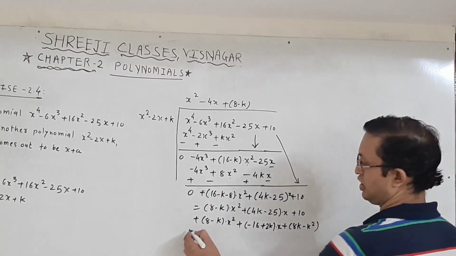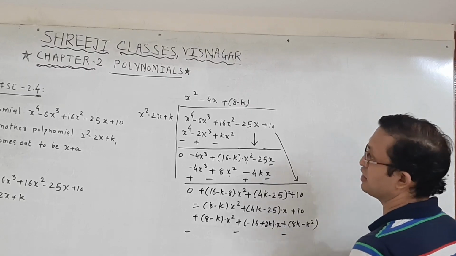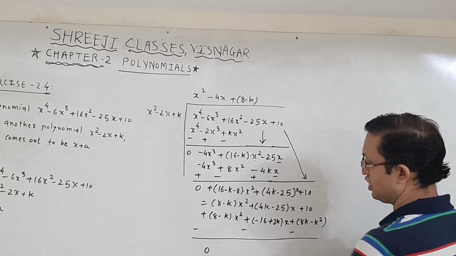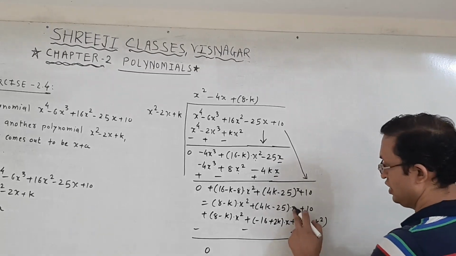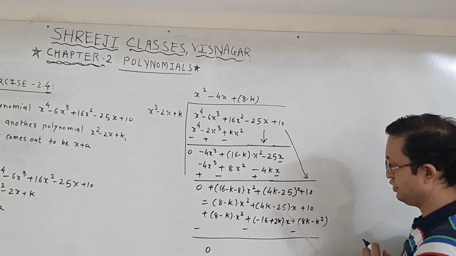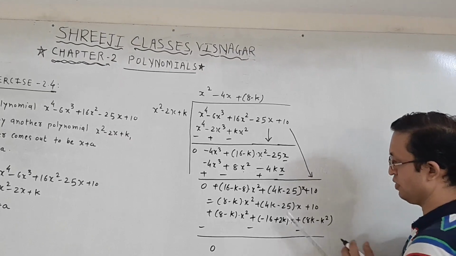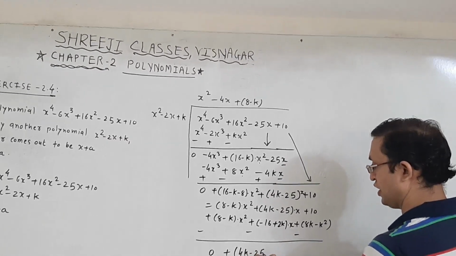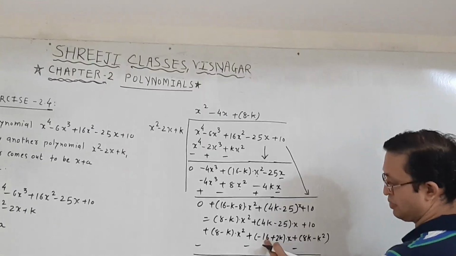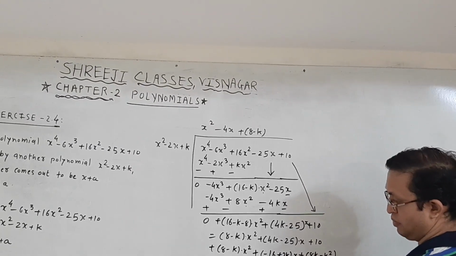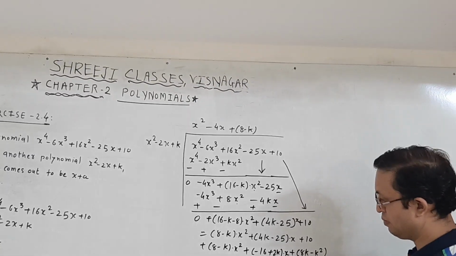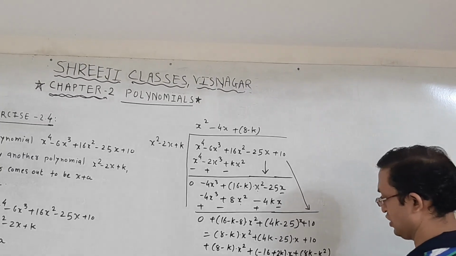Again change the sign, minus minus minus. This term is 0, therefore here x is common between these two terms. x is common, therefore the remaining term is 4k minus 25, minus minus plus 16, minus multiplied by plus, that is minus 2k.